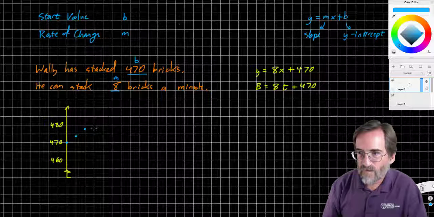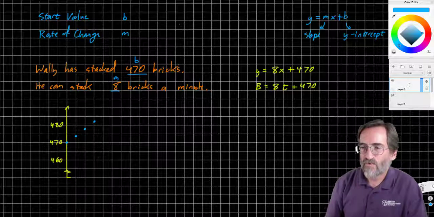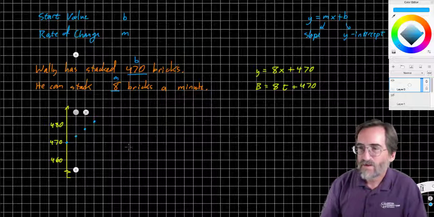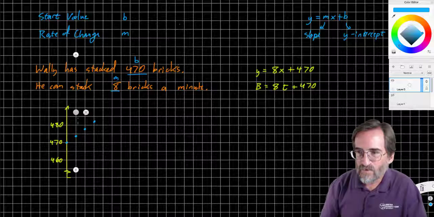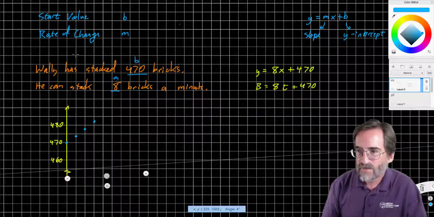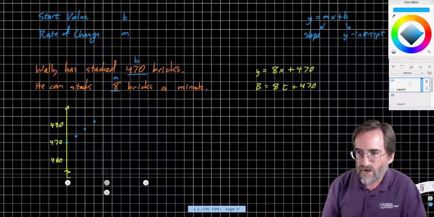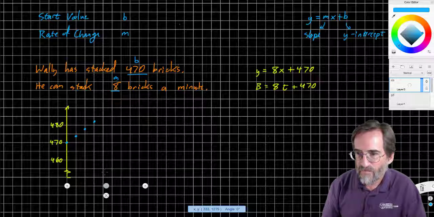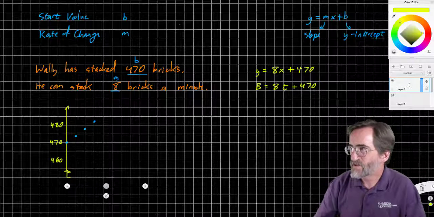And every minute we go up 8. 24. And so on and so forth. Okay? And so lo and behold, we get this nice linear graph. Okay? So hopefully that makes sense.